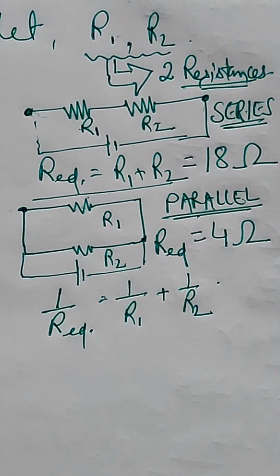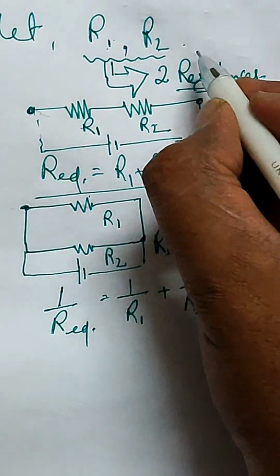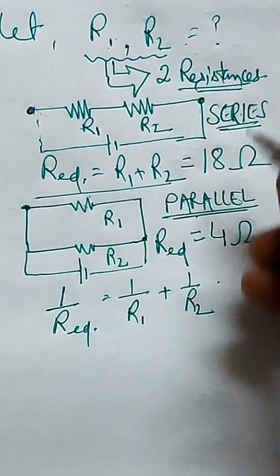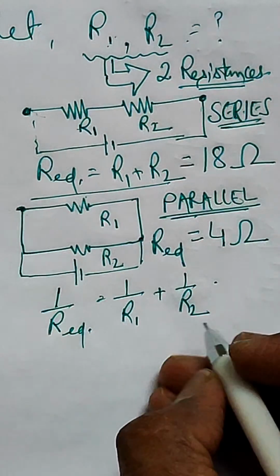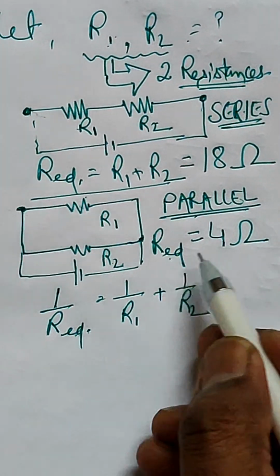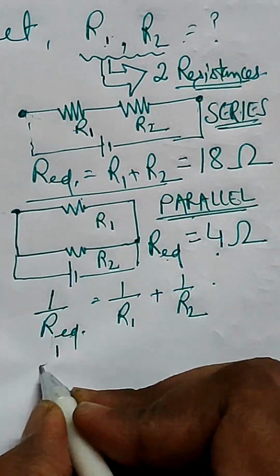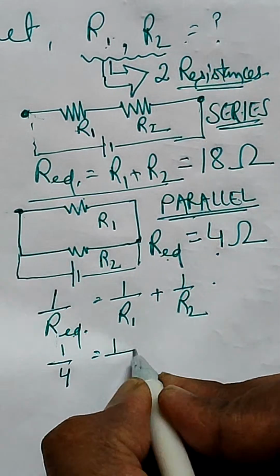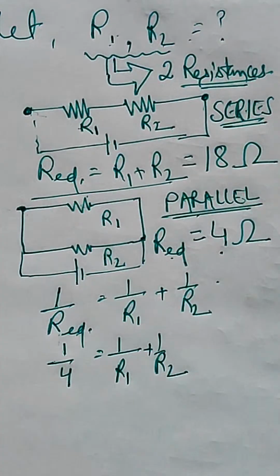Our unknowns are R1 and R2, and we need to find their values. This was the question. Now we put the value of equivalent resistance, 4 ohm. So we get 1 by 4 equal to 1 by R1 plus 1 by R2.